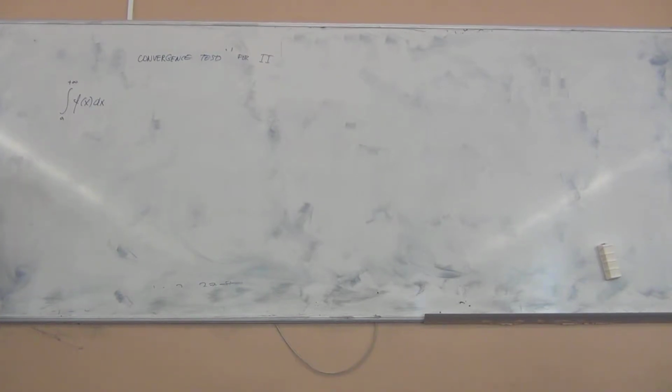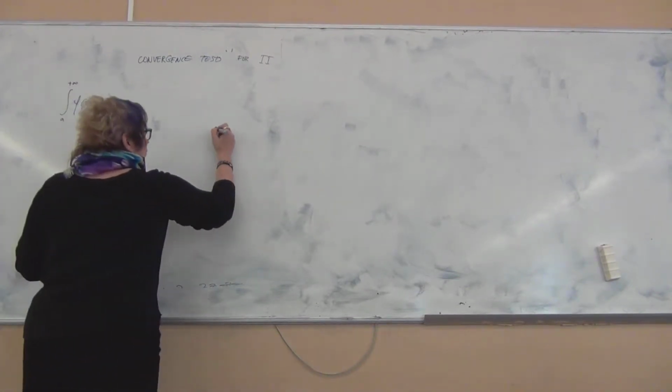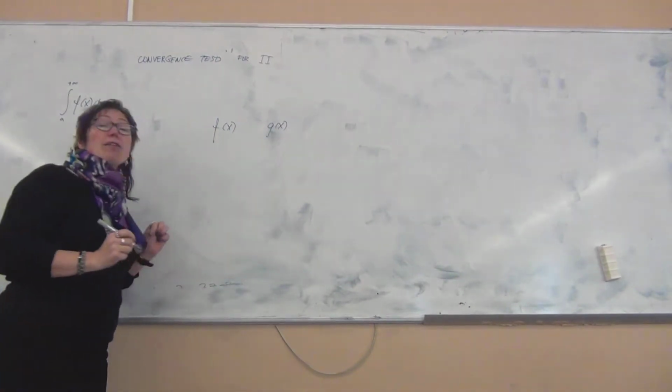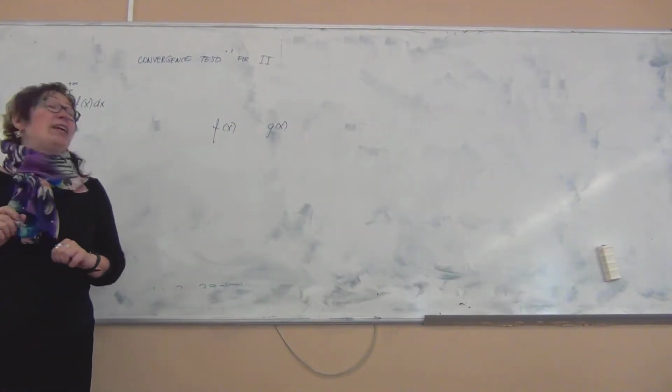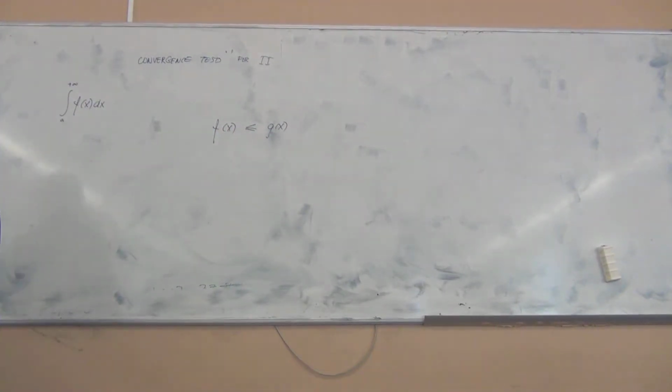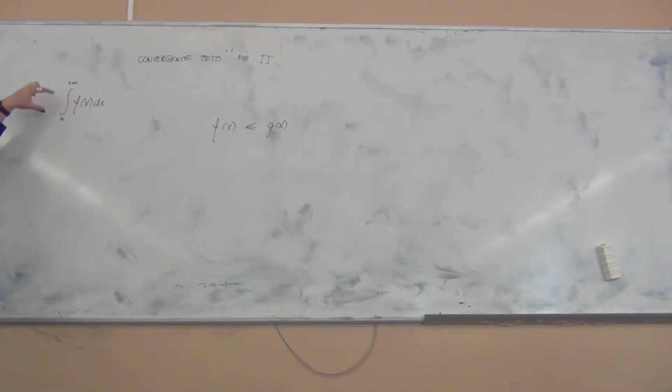Now let's suppose the function f of x is a little bit complicated, it's not very nice, but we have some other function, g of x. We have another function about which we know that it is no less than the function f of x in this part of the number axis.